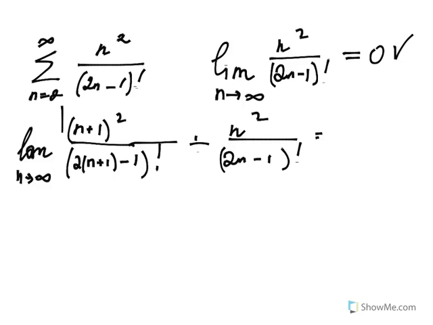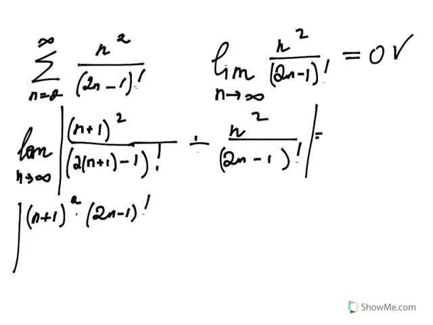I'll add it at the end, by the way, absolute value. Okay, so we get n plus 1 squared times, we're going to flip the second fraction, 2n minus 1 factorial. On the bottom we have 2n plus 2 minus 1 times n squared.